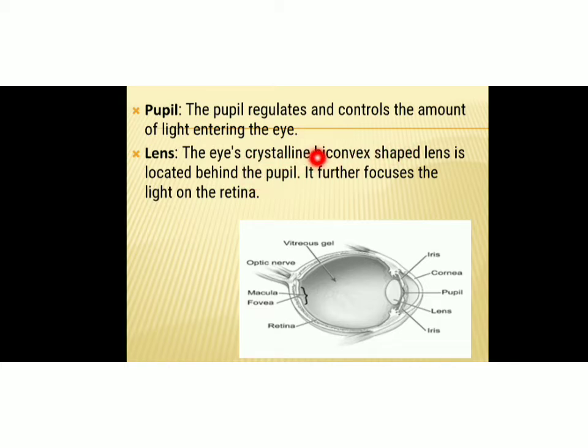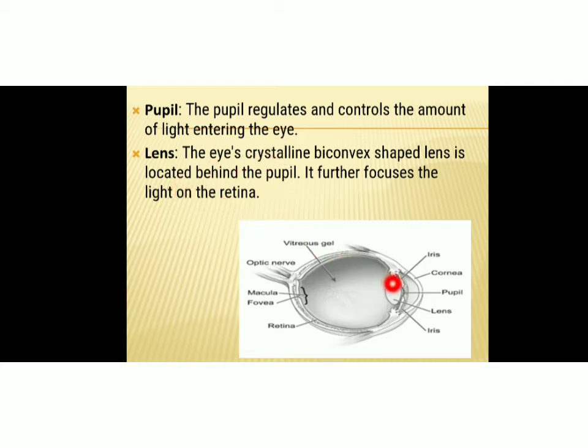You might have noticed one thing. Whenever you enter a dark room, your pupil will be dilated so as to accommodate more light into the eye. But whenever you go out on a bright sunny day, you can see your pupil size is reduced because the pupil gets contracted. Thus the pupil regulates and controls the amount of light entering the eye.